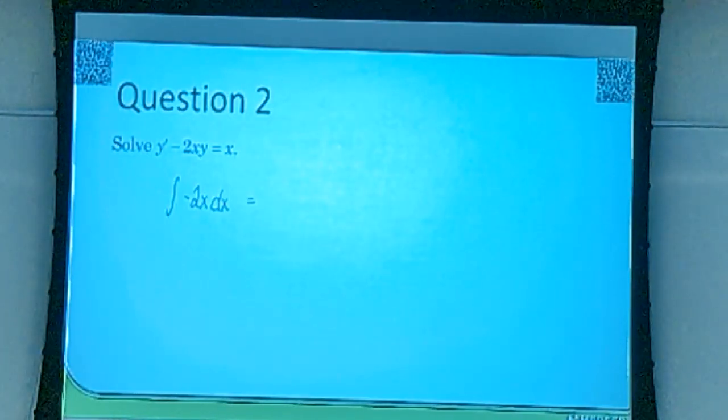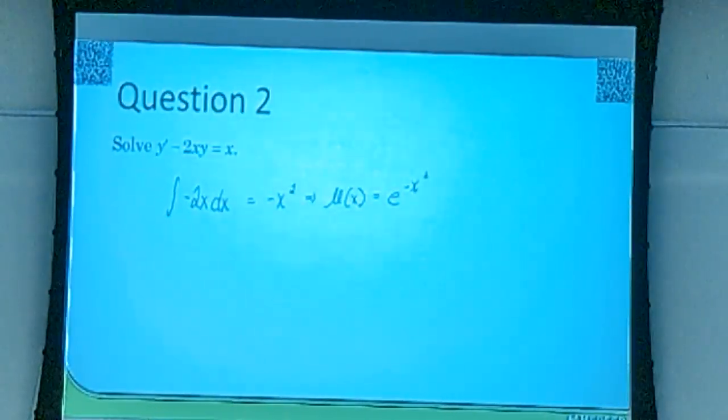What's that antiderivative? Simple antiderivative. Negative x squared. There's your integrating factor: e to the negative x squared.